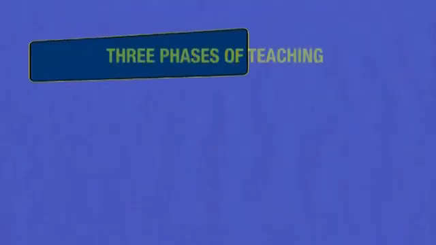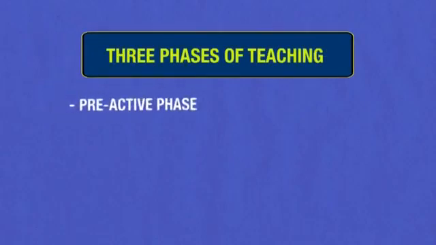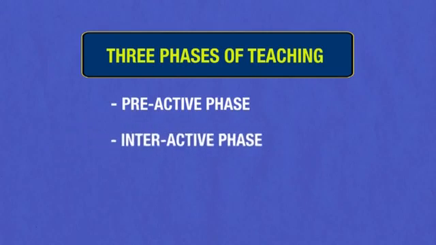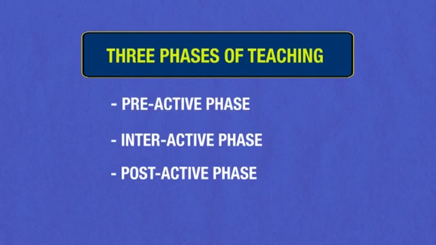In 1966, Philip Jackson distinguished between the pre-active and interactive phases of teaching, and thus phases of teaching is also called Philip Jackson's analysis of teaching. The three phases of teaching are: number one, pre-active phase; number two, interactive phase; and number three, post-active phase. Let's discuss each phase in detail.